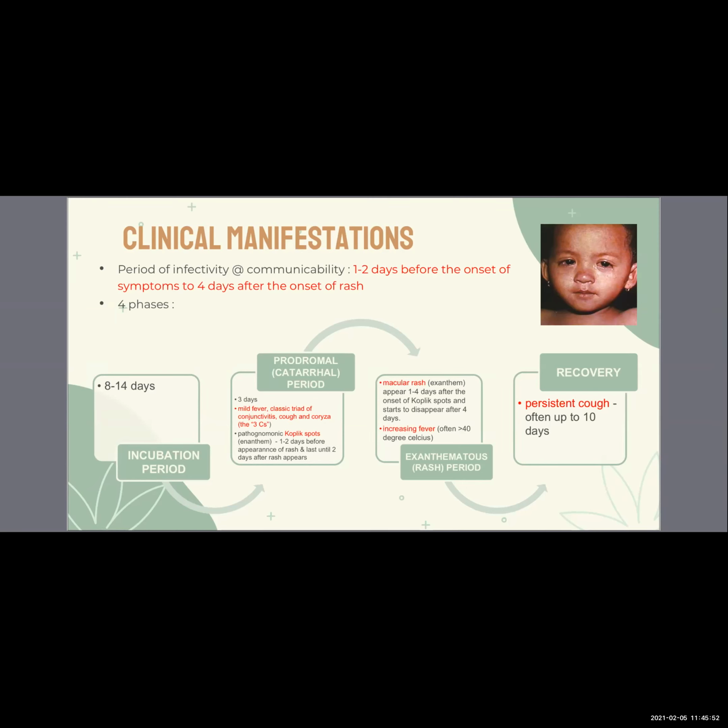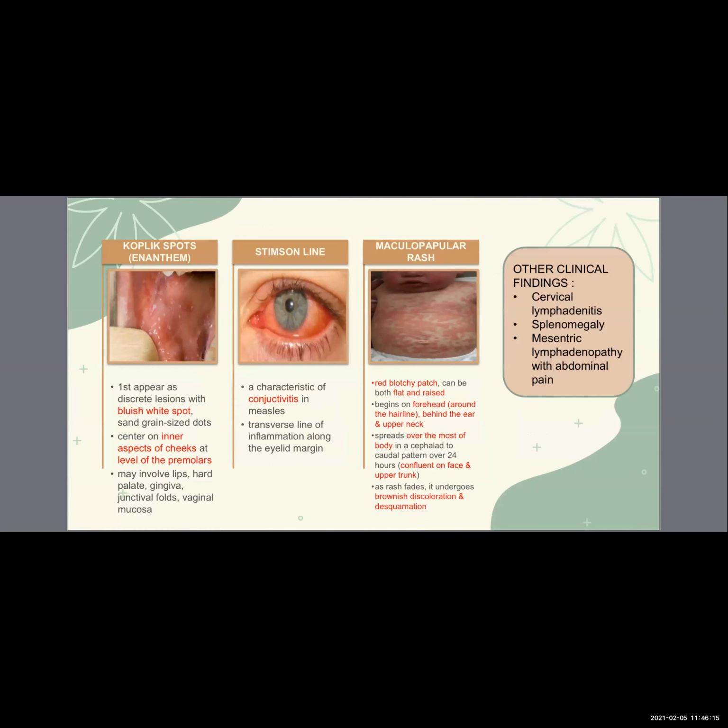During this time, the patient will start to have a high-grade fever, often over 40 degrees Celsius. The last phase is the recovery phase, where the patient will have a persistent cough that often lasts up to 10 days. Next, these are the clinical manifestations that I've just mentioned.